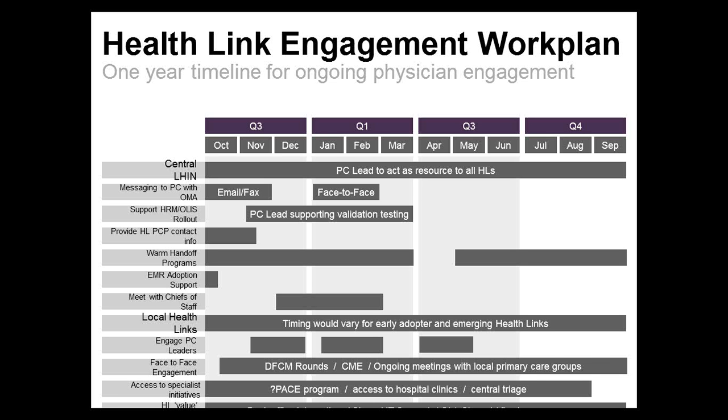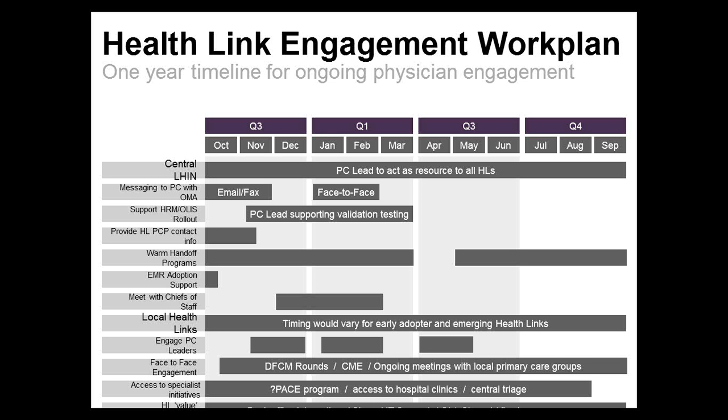But really, liaising with a lot of existing resources like the Ontario Medical Association or the Ontario College of Family Physicians, who know how to engage family physicians, not necessarily in traditional CME or hospital-based rounds. Supporting family physicians to implement Hospital Report Manager locally so that you can actually get those hospital reports into their electronic medical records.